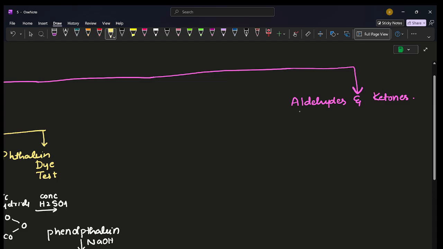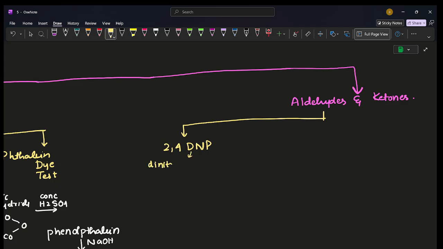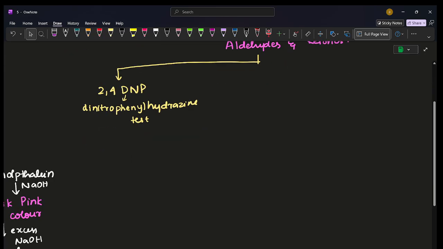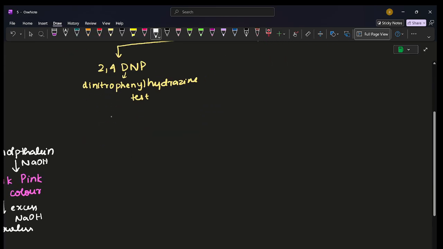So let's start with 2,4-DNP. What is DNP? Dinitrophenylhydrazine. So 2,4-DNP stands for dinitrophenylhydrazine. So let's see what this test is all about.